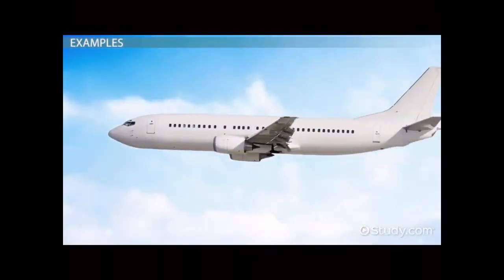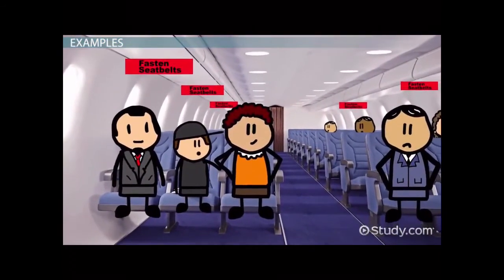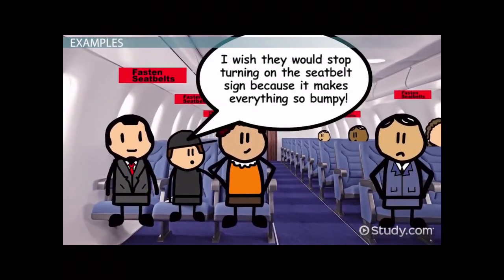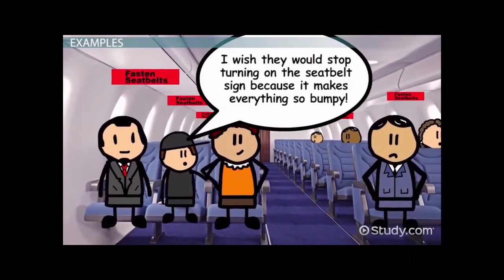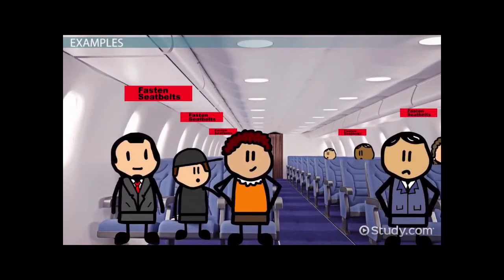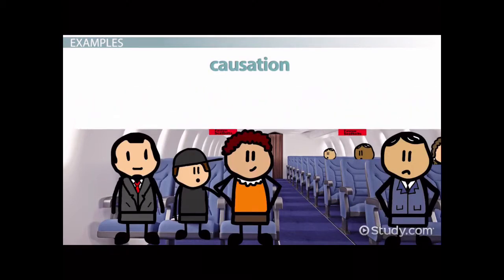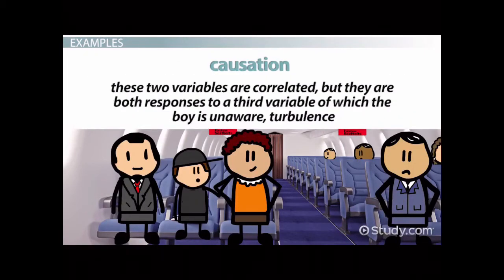Imagine a young boy on an airplane who makes an observation to his mother about the seatbelt sign and turbulence. He says, "I wish they would stop turning on the seatbelt sign because it makes everything so bumpy." Because one event consistently follows the other, the boy assumes causation, that the light coming on causes the bumpy ride. In reality, these two variables are correlated, but they are both responses to a third variable of which the boy is unaware, turbulence.